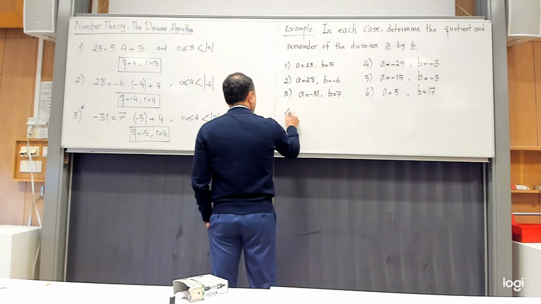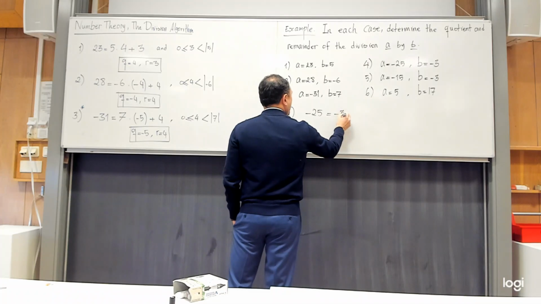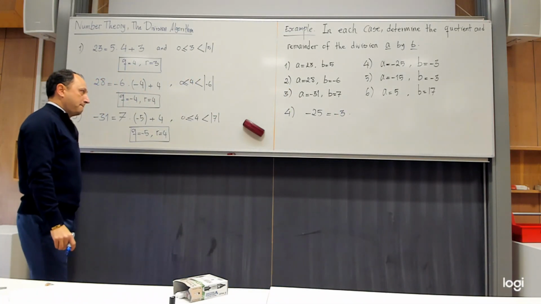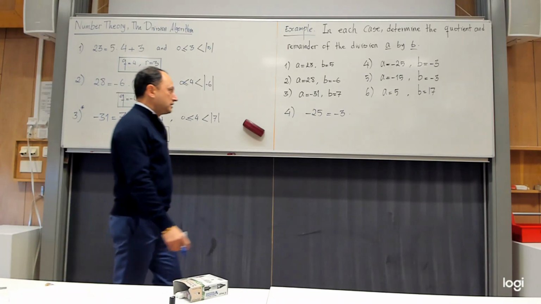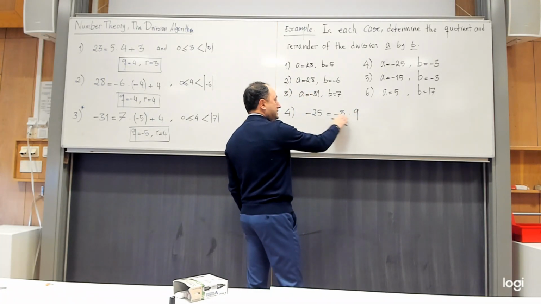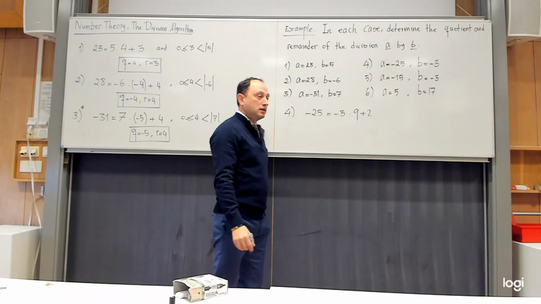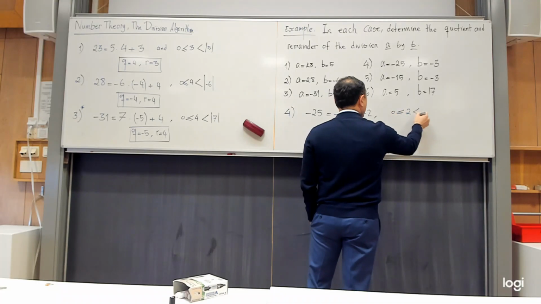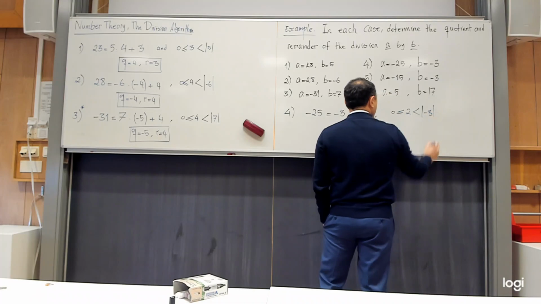So let us just do that. Number 4. A is minus 25, B is minus 3. So what should I choose for the quotient? 9 is correct, yes. I have to write 9, so it becomes minus 27, but I have to add 2 to go back. And then, again, 2 is greater than or equal to 0 and less than the absolute value of minus 3.